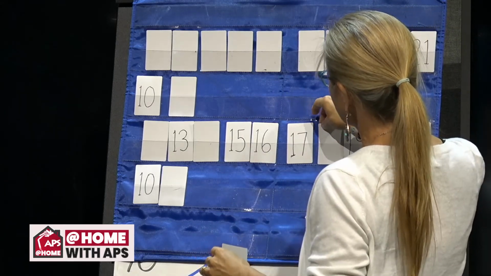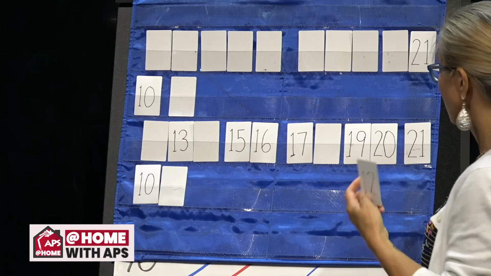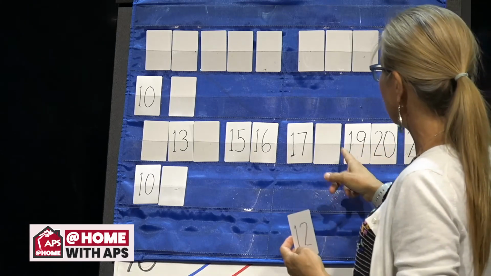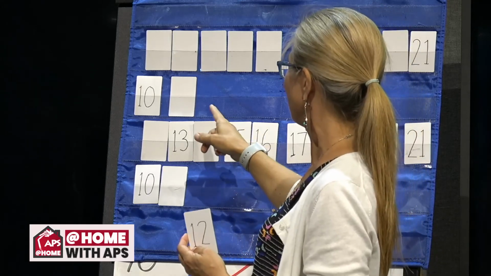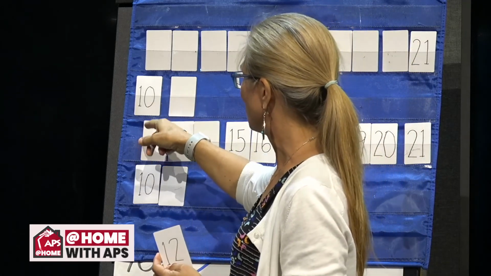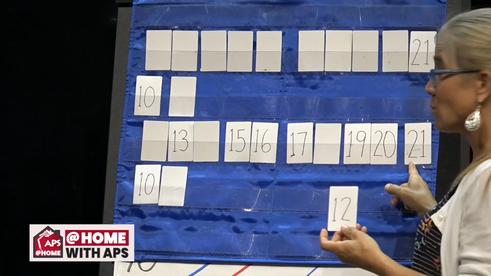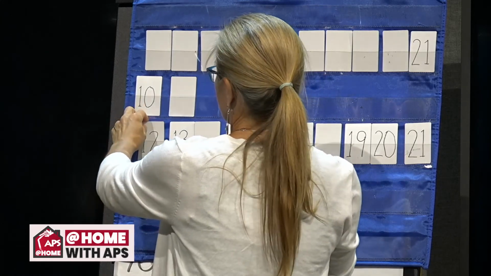And I could have thought about the same thing Miss Carnes did and thought, well, what comes after 16 is 17, right? 21, 20, 19, 18, 17, 16, 15, 14, 13, 12. And I know this is a 12 because it's a 1 and a 2 instead of the 21, that's a 2 and a 1. Those are tricky.